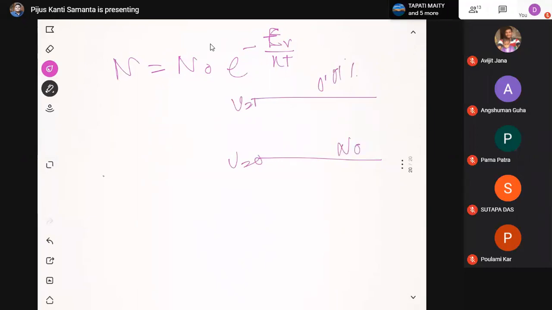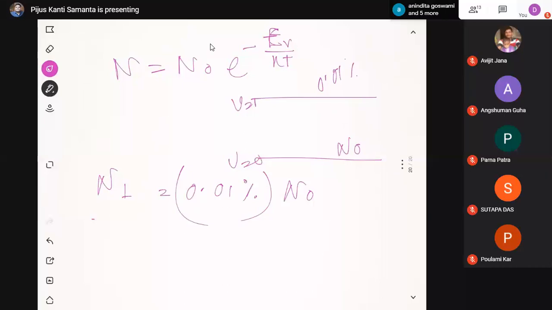That means N1 will be 0.01% of N0. The number of molecules in the higher state is very small. So even if the transition occurs from V equal to 1 to 2 or 1 to 3 states, the transition will be very weak because very few molecules are involved.